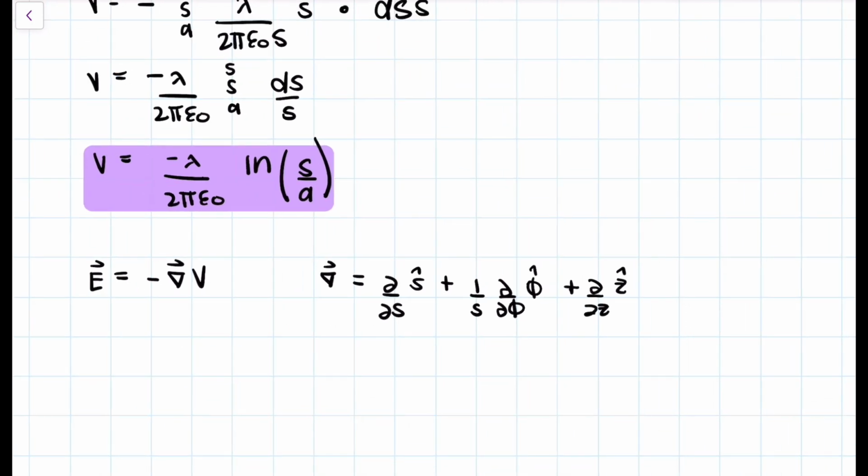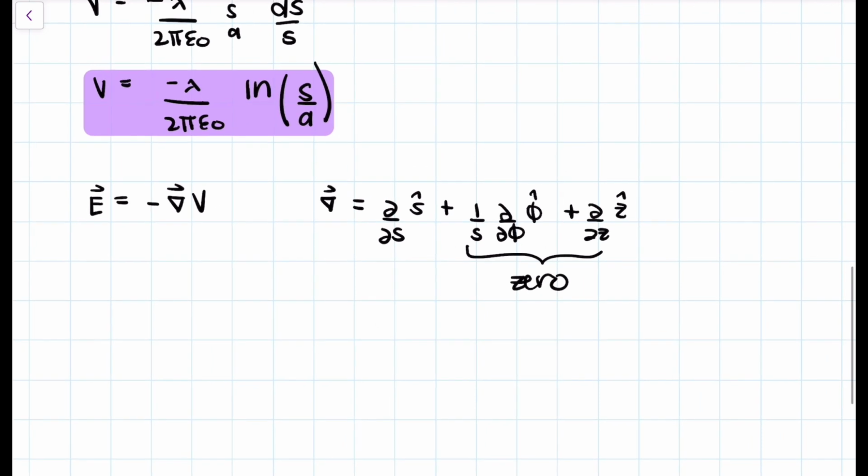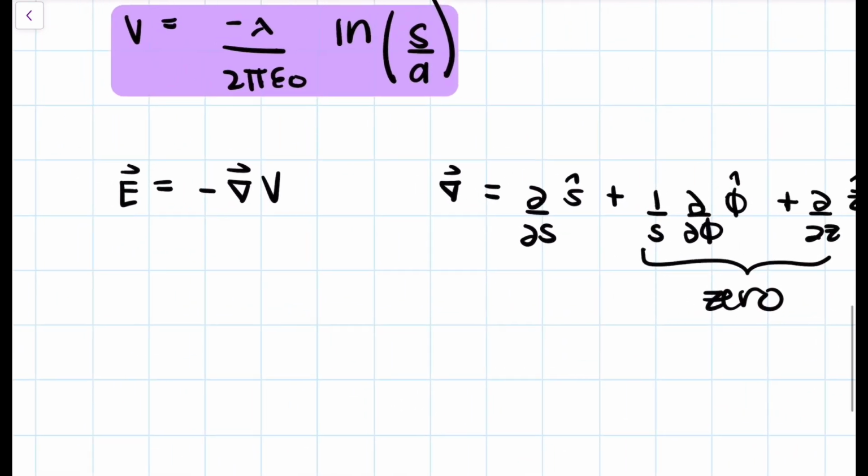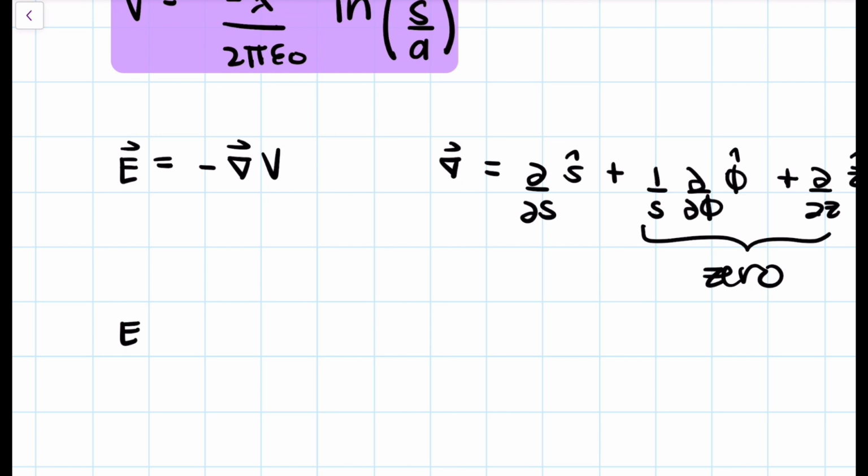Our potential only has an s in it, therefore it has no dependence on phi or z, so those terms would basically be 0. So when we find the gradient, we're basically taking the partial derivative with respect to s of V.